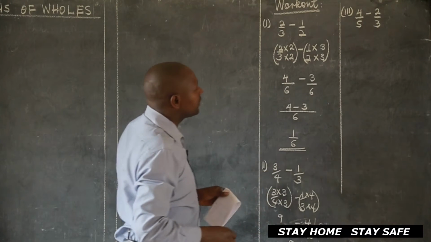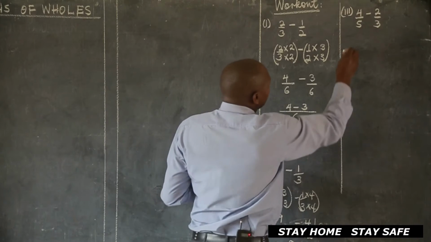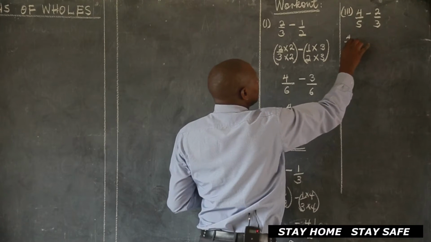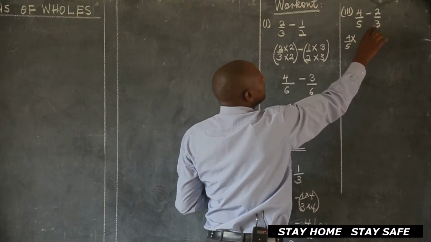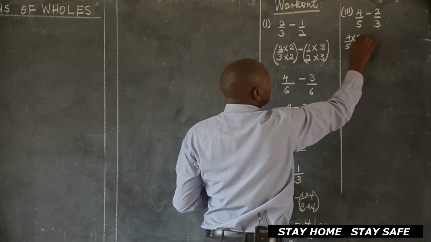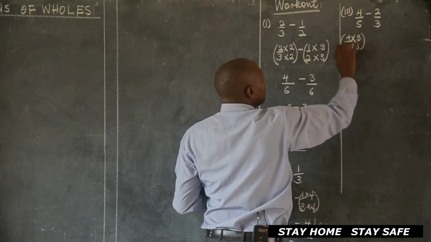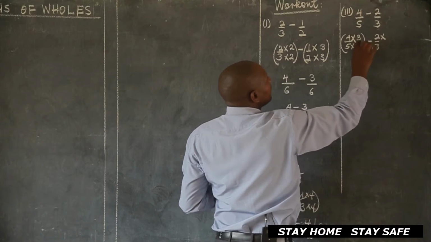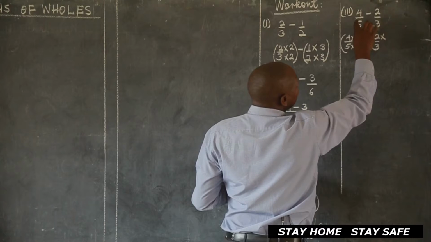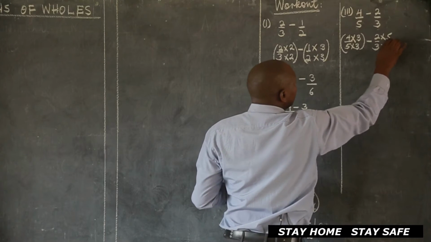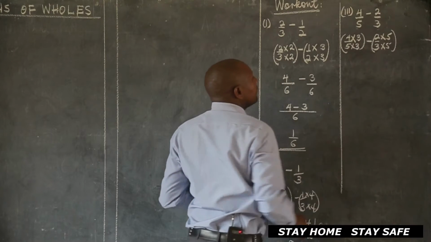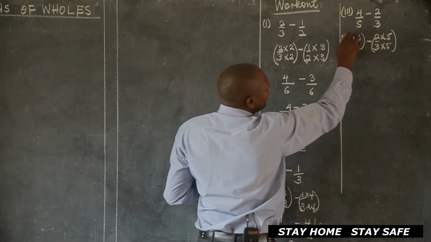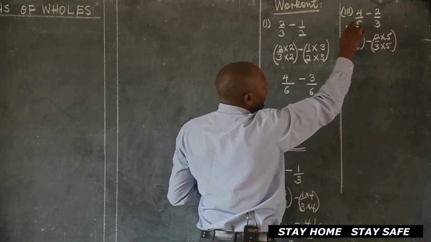Let's go through this. Equivalent fraction, this will give us 4/5 times the denominator on the opposite side, which is 3 times 3. Take away 2/3 times the opposite denominator 5, here also 5.